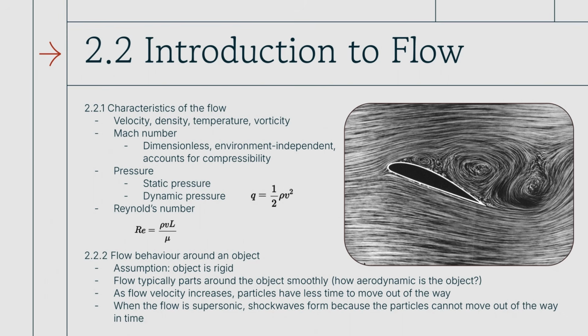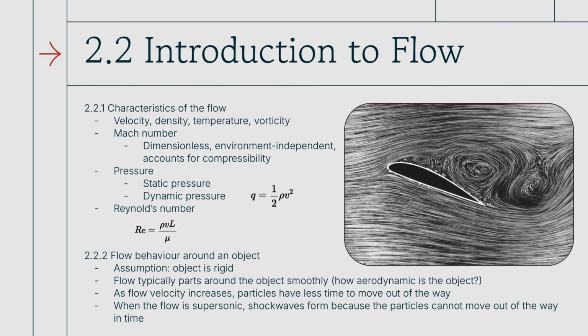We assume it's rigid, so it's not moving and it cannot be deformed. Obviously, that's not the case. Rockets can bend. They're like long spaghetti noodles, so there's some flexibility in their designs. Here we assume the object is rigid. In this case, we have an airfoil, and the flow is parting around the airfoil.